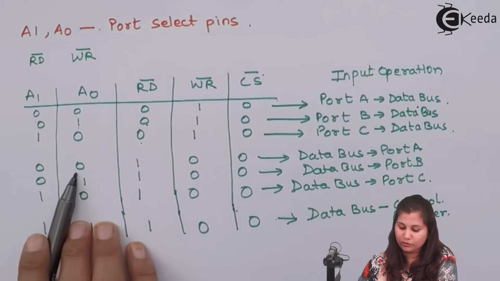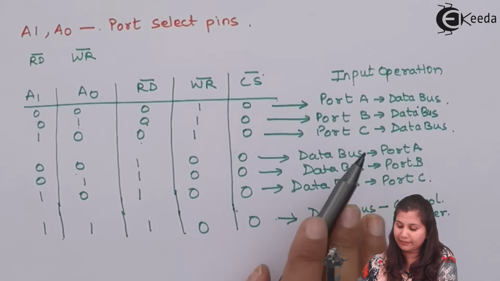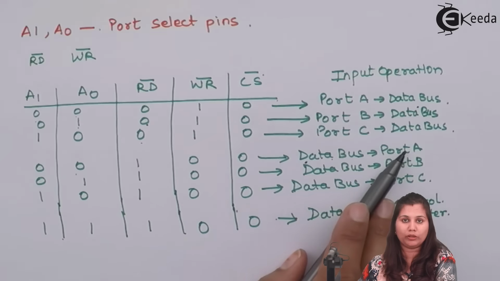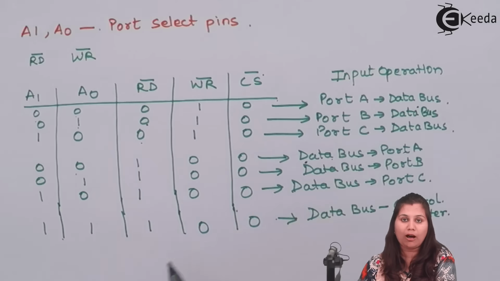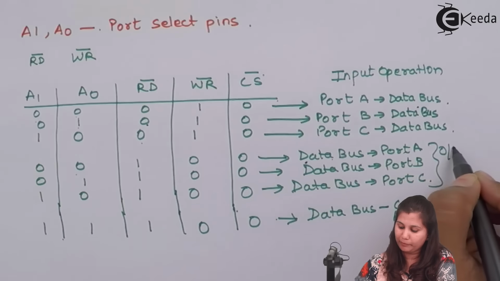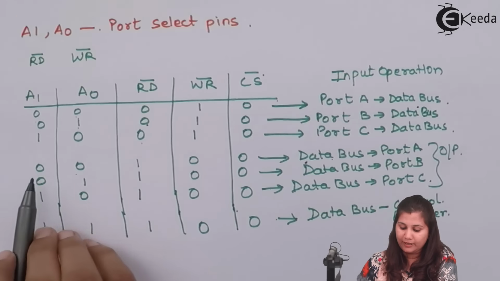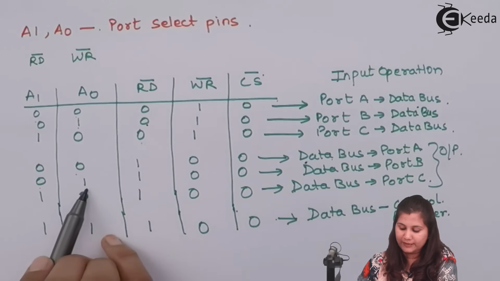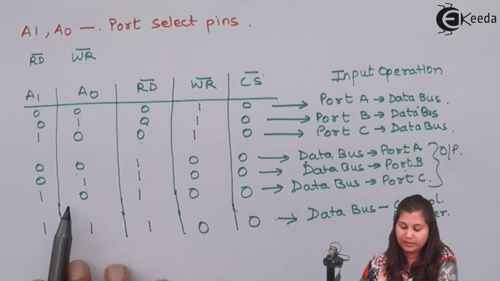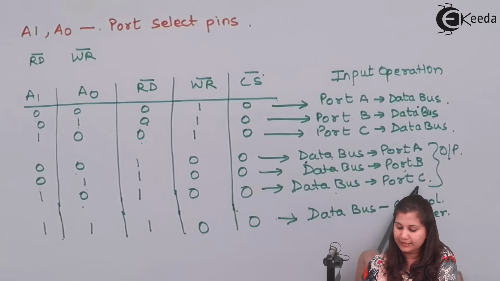Now again 0, 0, so port A will be selected and the data which is available on the data bus is given on port A. So this will be an output operation. Okay, so these 3 are the output operations. Then A1 is 0 and A0 is 1, then port B is selected. When A1 and A0 are 1 and 0, then port C is selected.